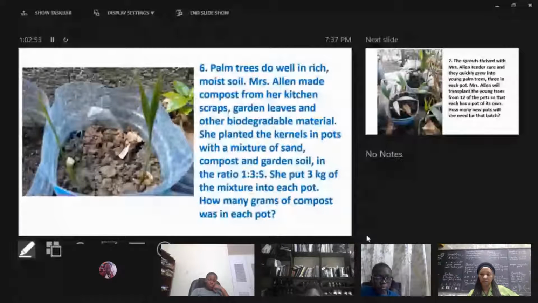Miss, the sand is 1, the compost is 3, and the garden soil is 5. So, miss, when you add up the ratios, you get 9. So, miss, the 1 over 9 times the 3 kilograms.